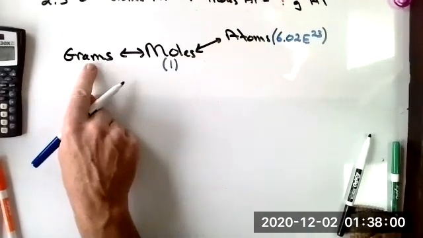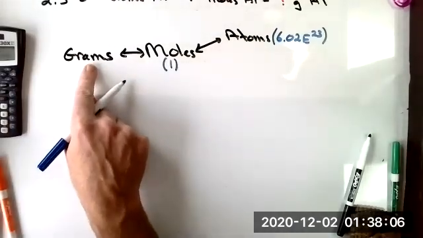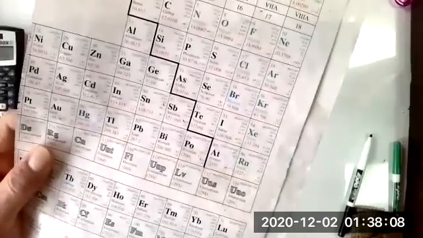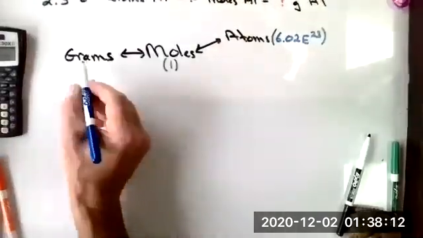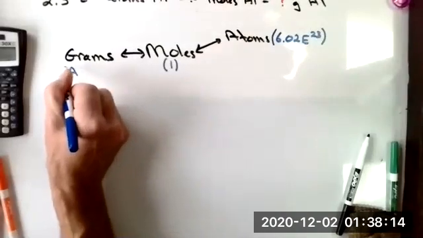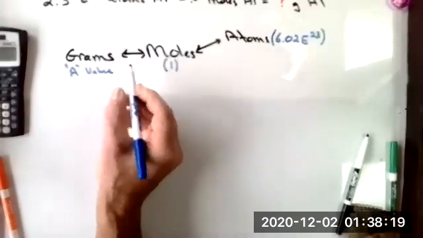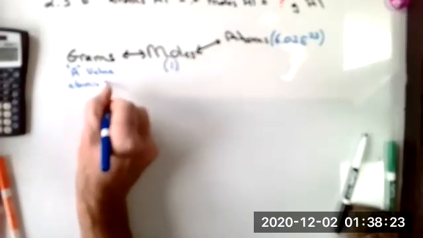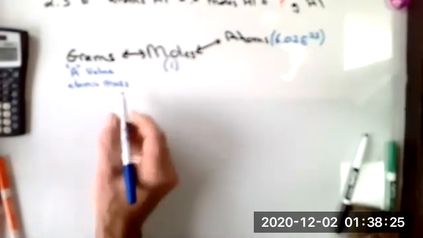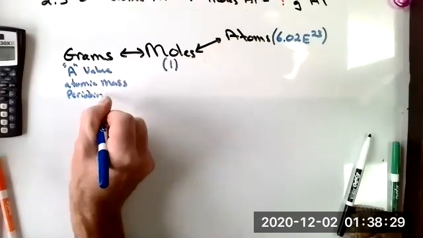This one's going to drive you crazy because it's different every single time, because each element has a different A value. So you have to use the A value for whatever atom you're on, which is also called the atomic mass, which means you better get your eyes on the periodic table.